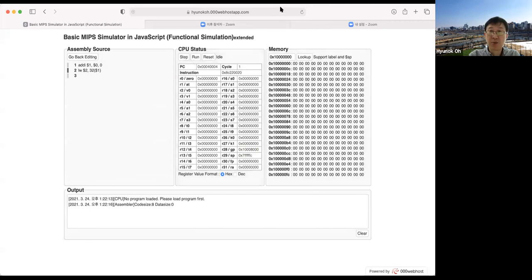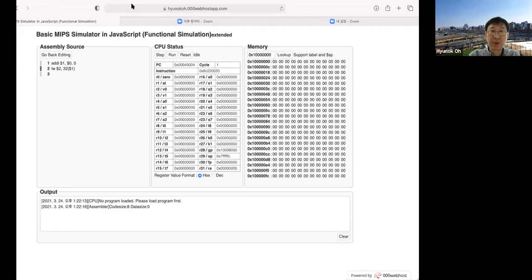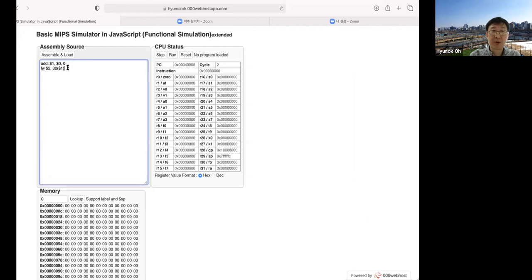Then we have to look at the memory, right? Memory location is 0. Here we are giving 0. So nothing is changed. Before the loading, let's store something. Load 3, 0, 7.